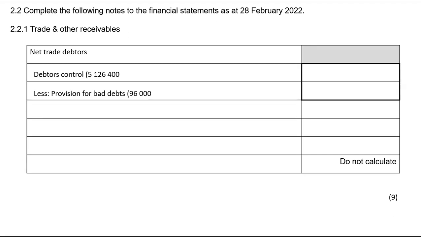So that prepaid expense, we are going to enter it in trade and other receivables as prepaid expense.